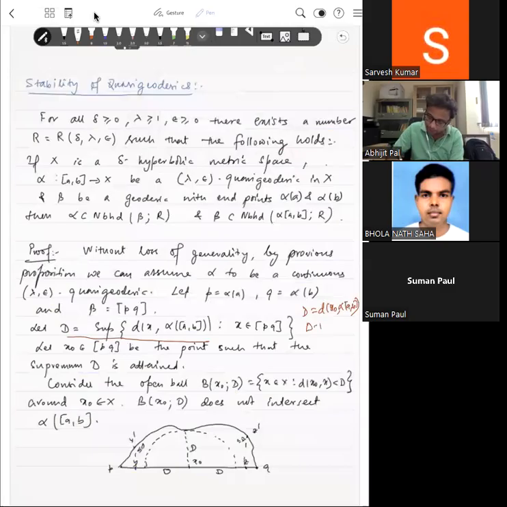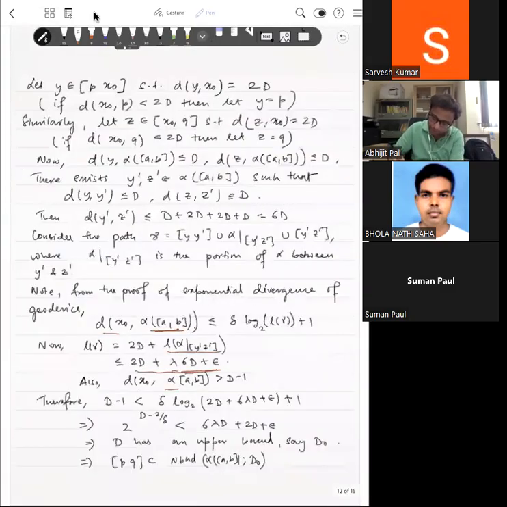So d minus 1 is less than d, and that thing I am using here. Therefore this distance is greater than d minus 1, so d minus 1 is less than delta times log 2 of this plus 1.